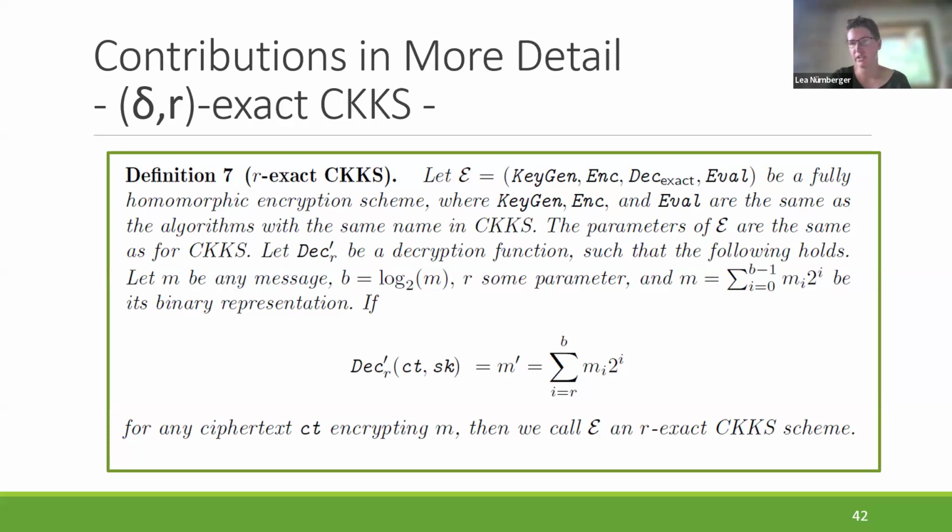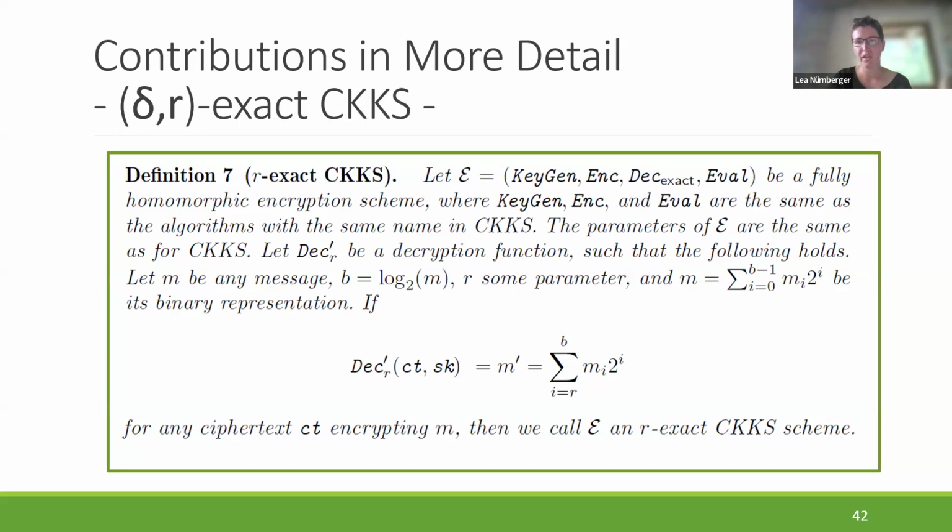Essentially, what the decryption functionality does is return all but the R lowest bits of the message. So it just drops the R lowest ones and returns everything else correctly. We will always have to drop the R lowest ones because we can't completely remove the error, since this would break security. But at least R exact CKKS is supposed to save us the green parts that I showed in the slide before.